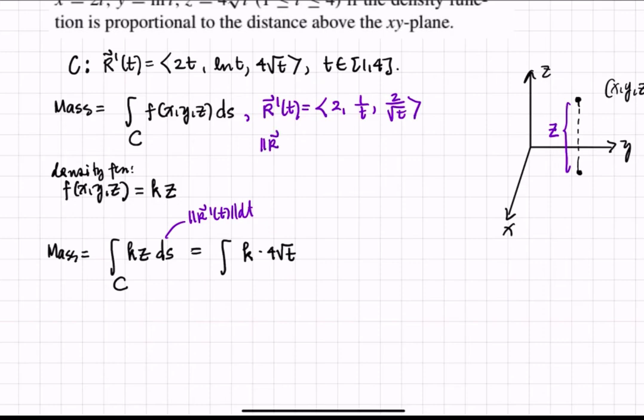Square root of square, square, square: 4 plus 1 over t square plus 4 over t. Combine natin na sa single fraction, ha? Ano ba ito? 4t square plus 1 plus 4t.